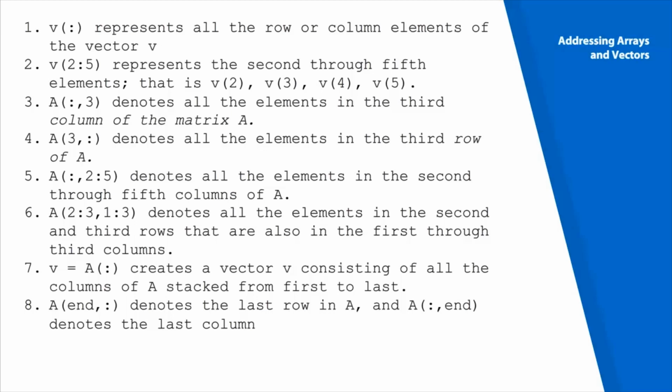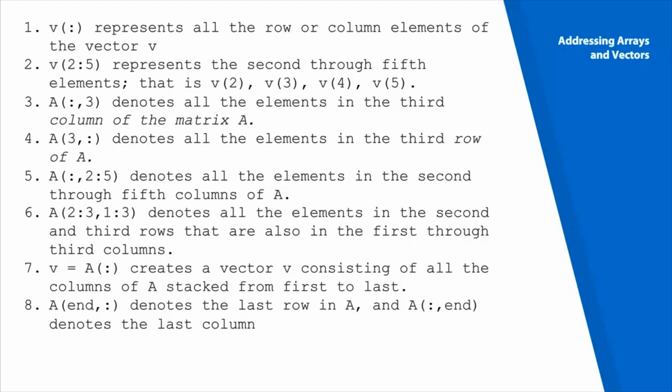Fifth, when we are addressing a matrix with colon comma 2:5, we denote all the elements in the second through fifth columns of matrix A. Then we have 6, when we are addressing as shown, 2:3 comma 1:3, we are addressing all the elements in the second and third rows that are also in the first through third columns of matrix A.